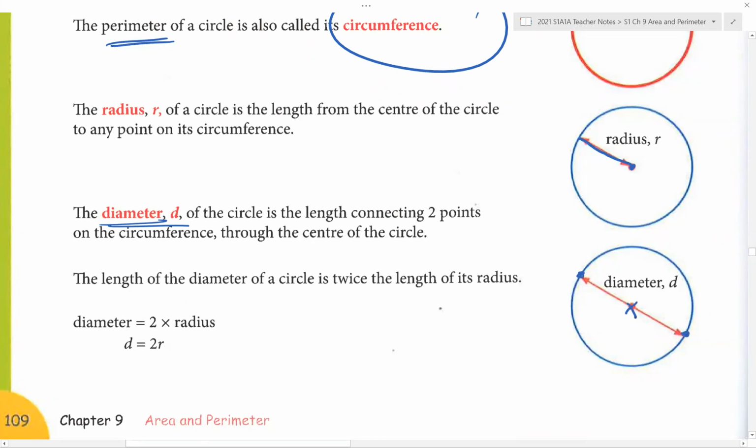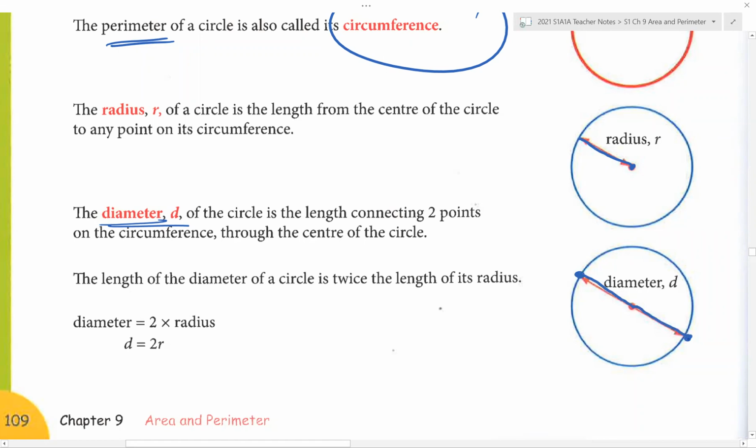In summary, basically, any point on the circumference, you draw to the center, that is the radius, right? But you continue drawing, and you get the diameter.